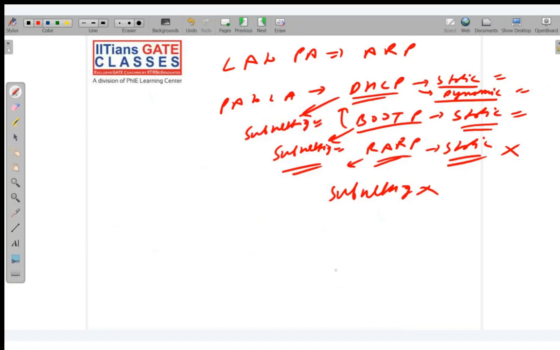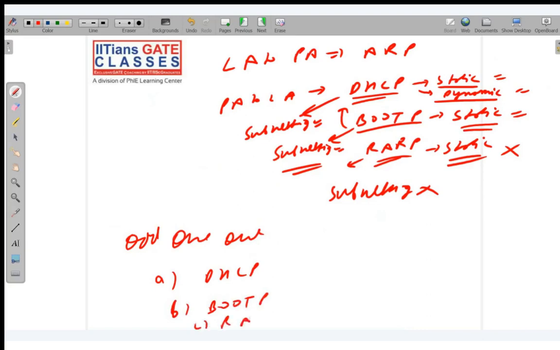They can ask odd one out also. For example, this type of question can be asked: odd one out, with options like DHCP, BOOTP, and RARP. You can take DHCP, because it is the latest protocol and it uses two different databases.